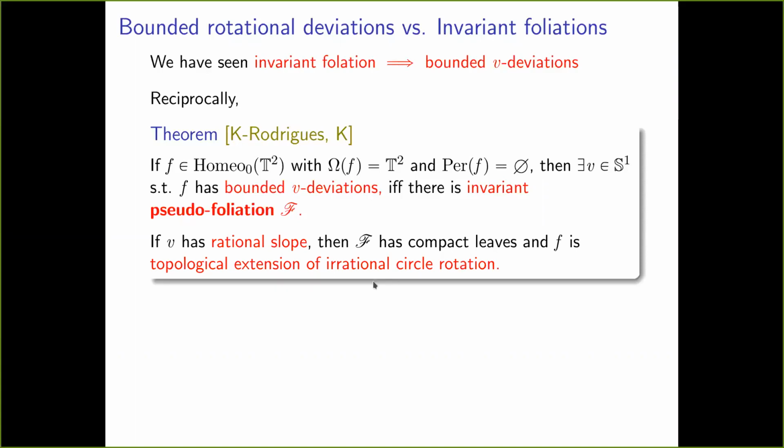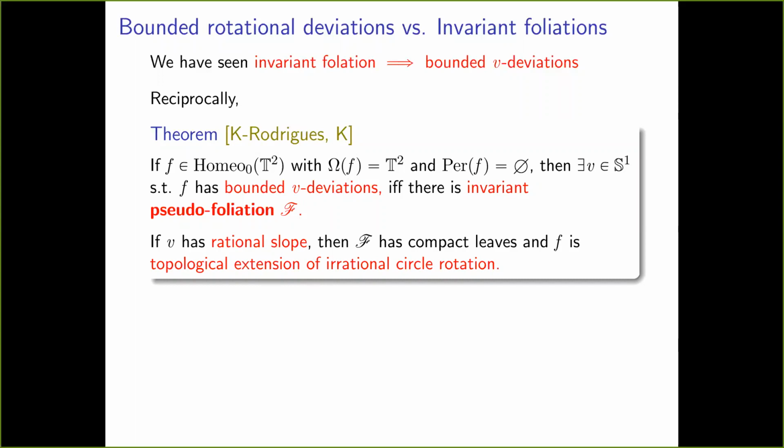And in this case, your homeomorphism F is a topological extension of an irrational circle rotation. This is the content of what I recently proved. The first part I proved with Pereira Rodriguez, who was a student of mine. And the second part is a preprint that I recently put on the arXiv.